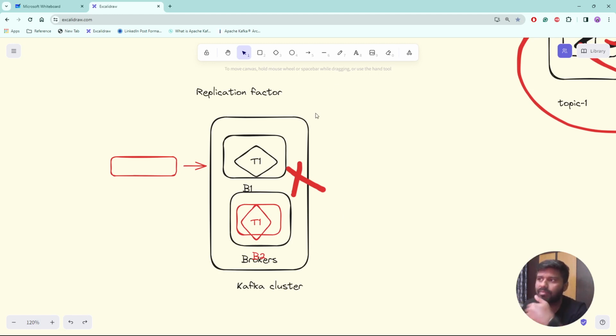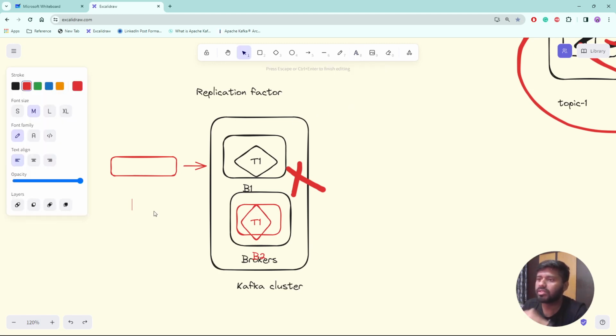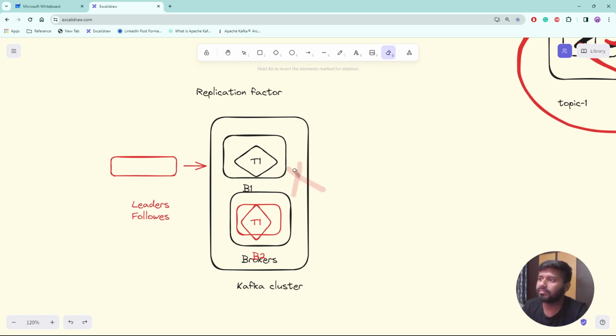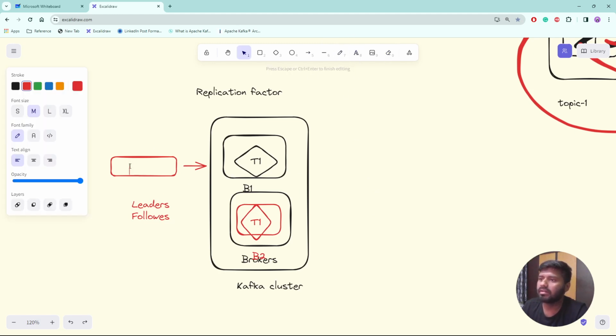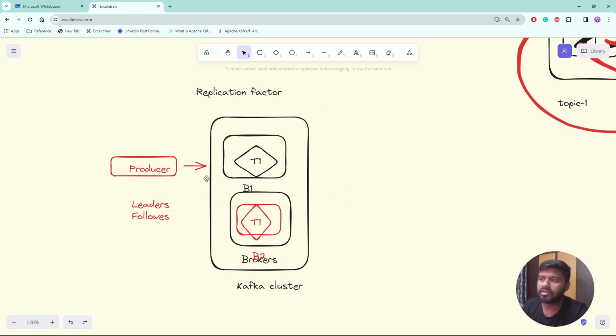And as part of the replication factor, 2 more terminologies are associated, which are called leaders and followers. So what are the leader and the follower? Say for example, this is the producer. This producer produced some info or some messages. Now it gets into the Kafka cluster. Once it gets into the Kafka cluster, some broker is going to be assigned by our Kafka manager, Zookeeper.